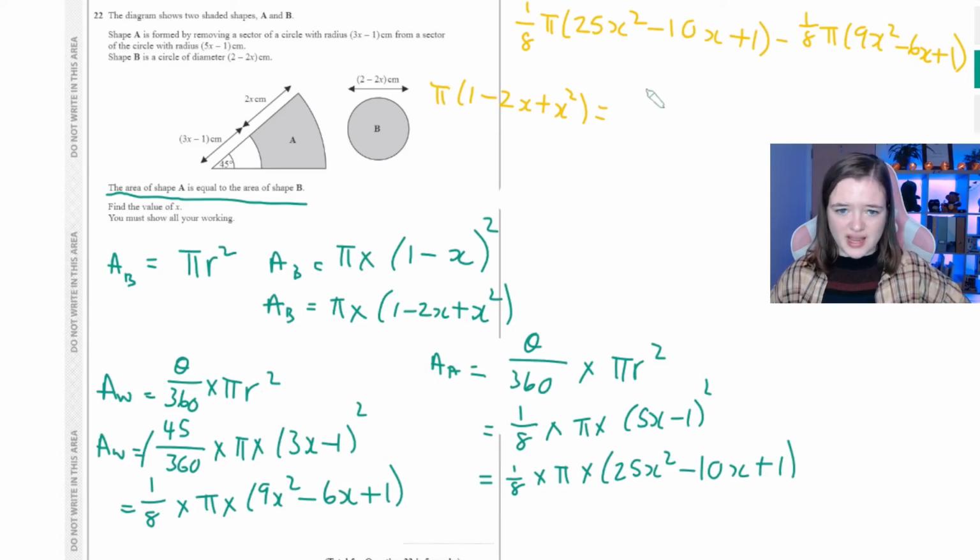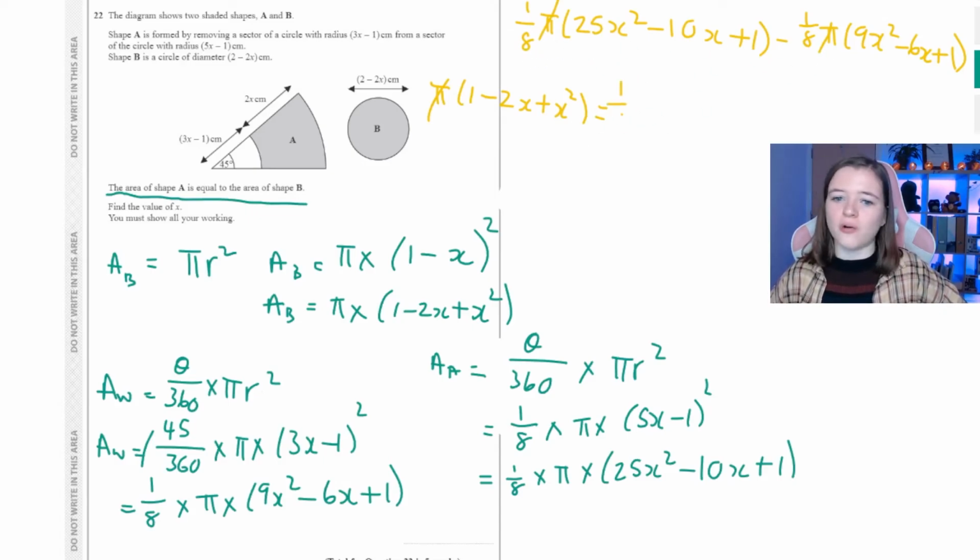What I'm going to do here is cancel out these pi's. I know they're going to be equal to each other, and they've got pi's everywhere. So divide through by pi, gone, gone, gone. Can't be bothered to deal with all that. And the tricky thing is none of these divide by 8. It should be rather convenient, wouldn't it? But none of them divide by 8, which is kind of annoying. So what I'm going to do is factor out 8 instead, because they both have 8 in it.